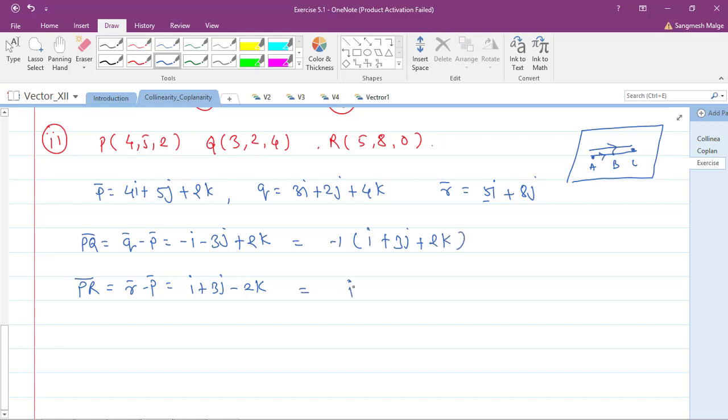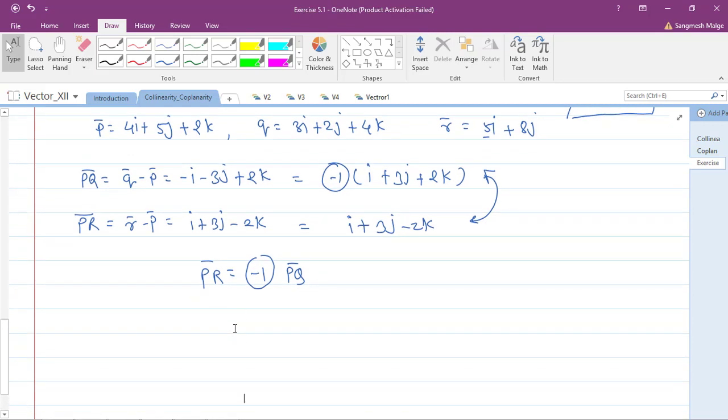And if I compare with this PR bar, what you will get, i plus 3j minus 2k. Now if I compare these two equations, the scalar quantity is minus 1. So PR bar is equal to minus 1 into PQ bar. Okay, so as the vectors are scalar multiples of each other, these points are collinear points. Very simple. Okay, that's it.